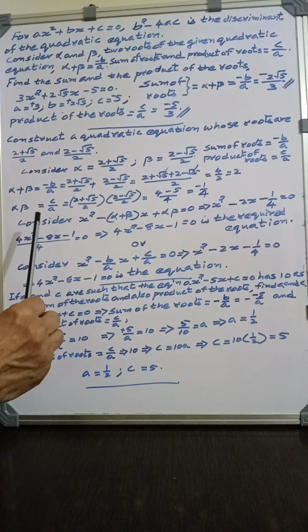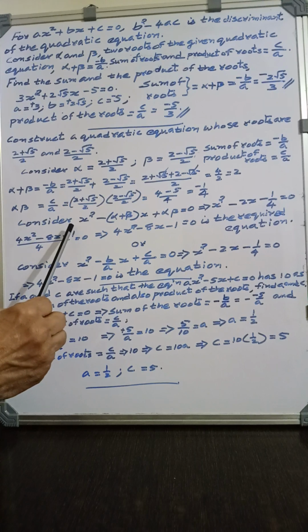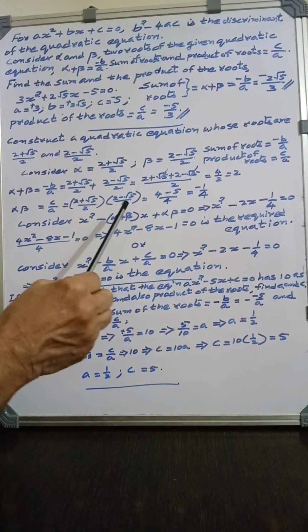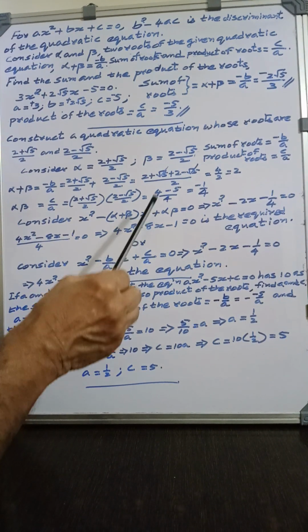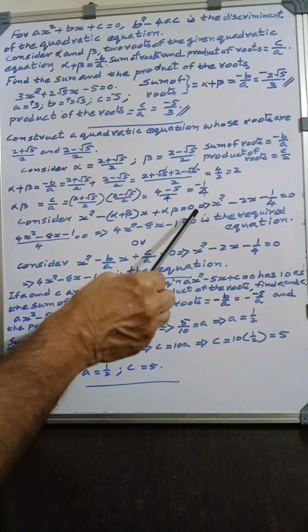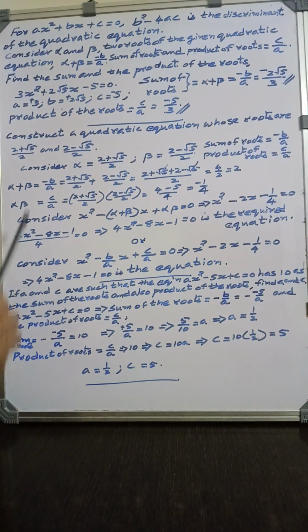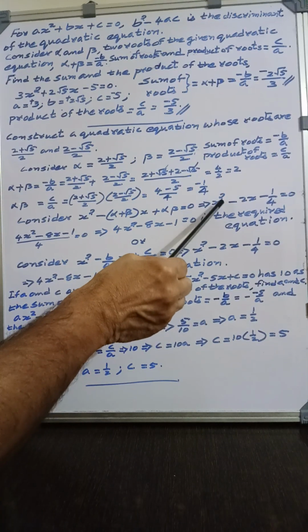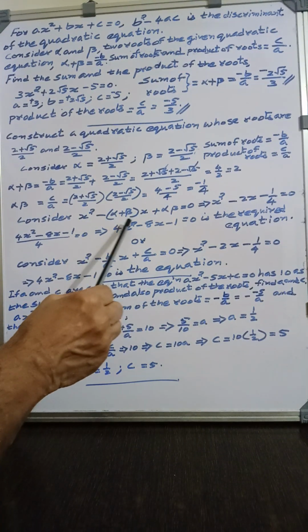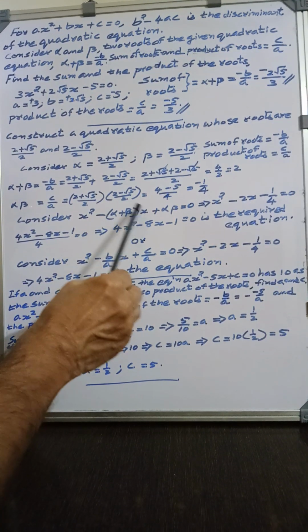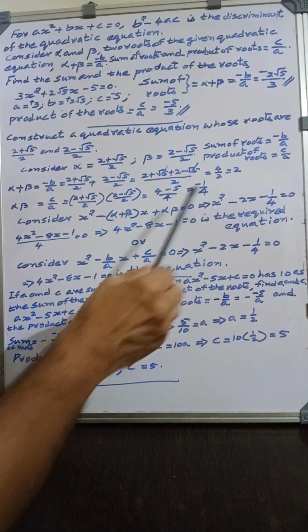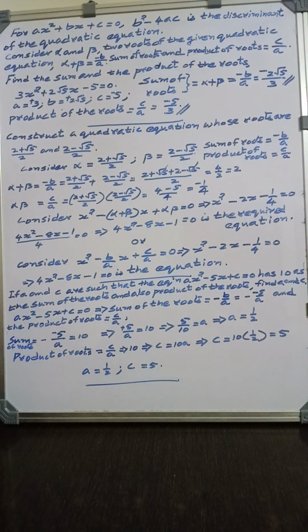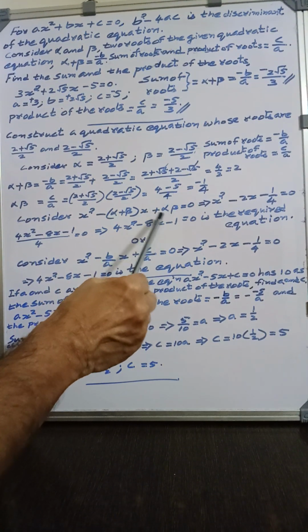We can consider x squared minus (alpha plus beta) into x plus alpha beta equals 0. Alpha plus beta is defined as 2. Therefore, x squared minus, in the place of alpha plus beta, I put 2x, plus alpha beta.